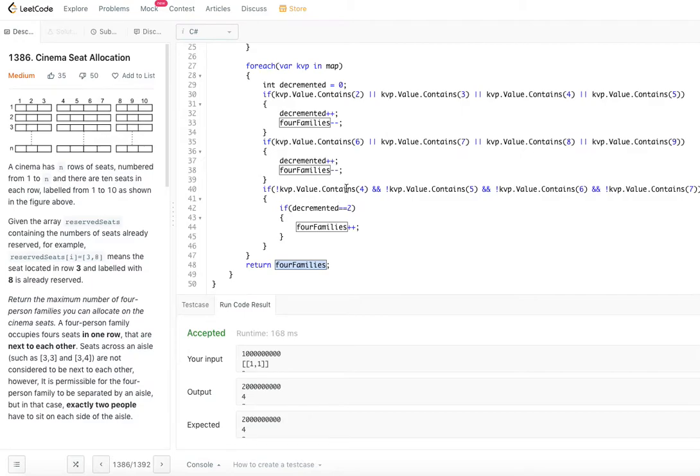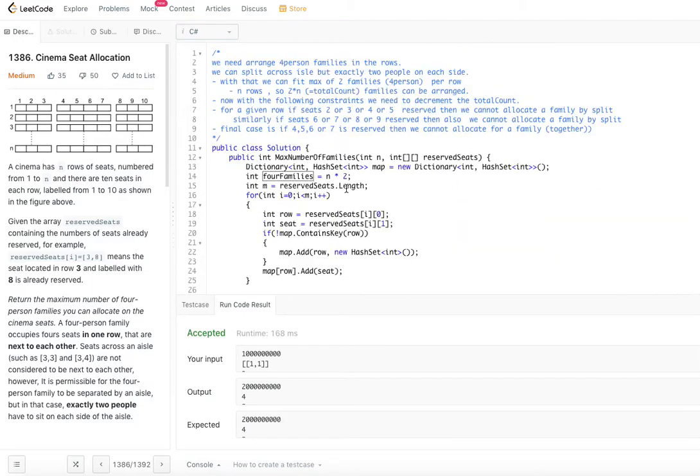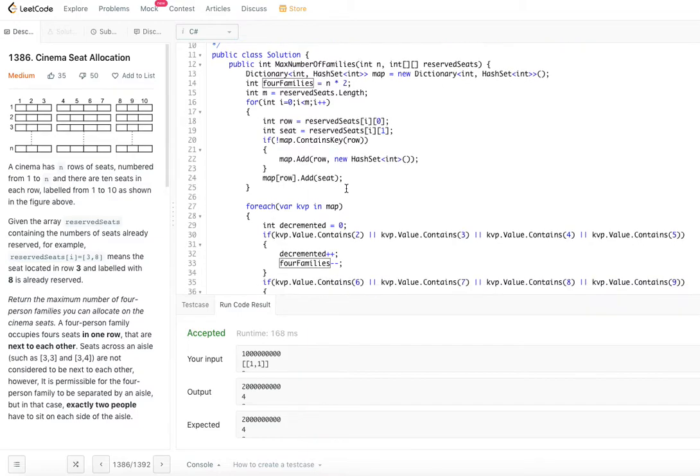Okay, so let's look at the time complexity for this algorithm. This for loop is executed based on the number of reserved seats.